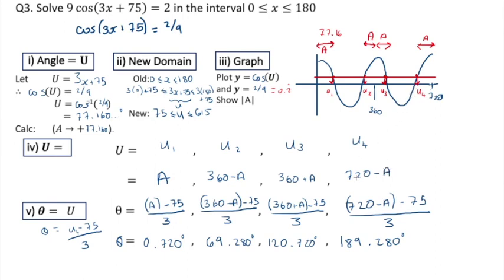If we didn't spot it here and we went on to work it out, we could also have another chance of spotting it, and always do this as your final check. Look at your domain. Are all your answers between 0 and 180? And we can see here that our final answer isn't. So this one here is not an answer. And we've got 3 solutions here.